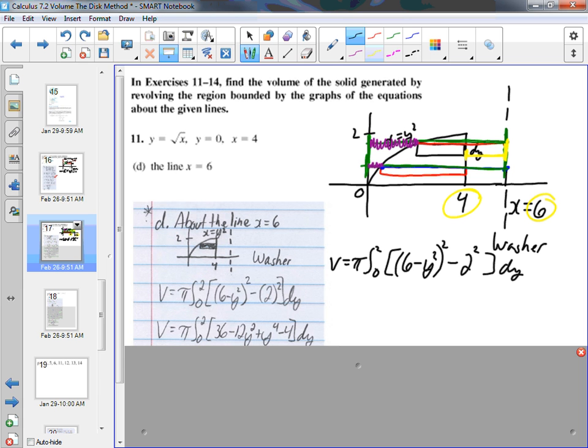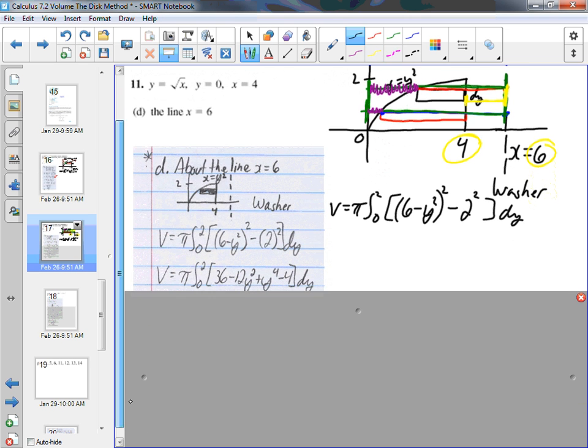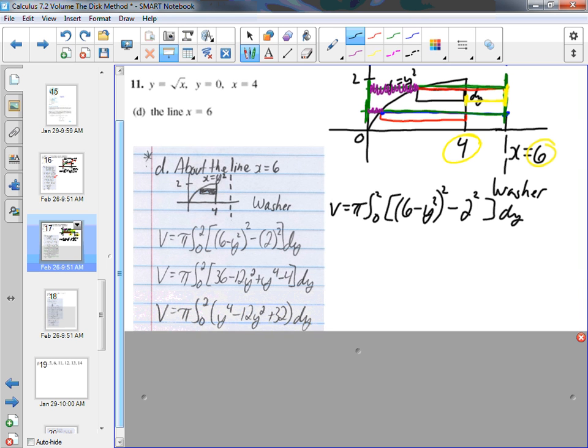And then I hope you know that 2 squared is 4, so a minus 4 at the end. And before you start integrating, combine that 36 and that negative 4. And I also reordered. I like it better when the big exponent's in the front. I mean, there's no rule that says you have to, because you're just going to stick numbers in. But that's the way I like it. That's the way I did it.